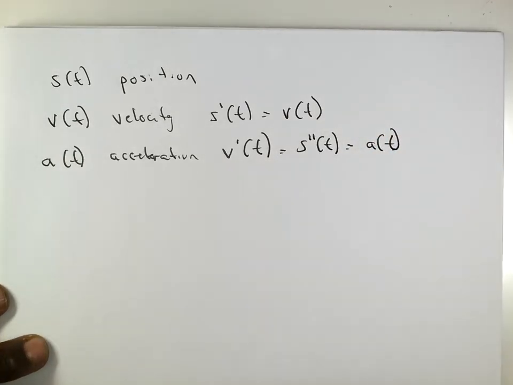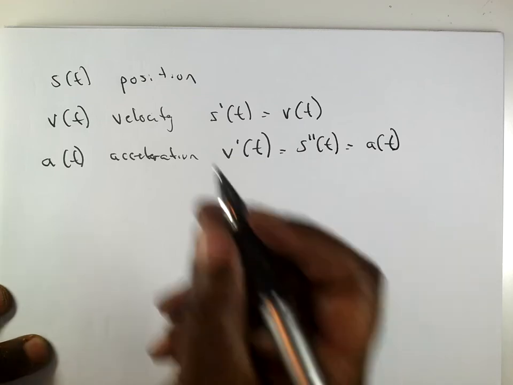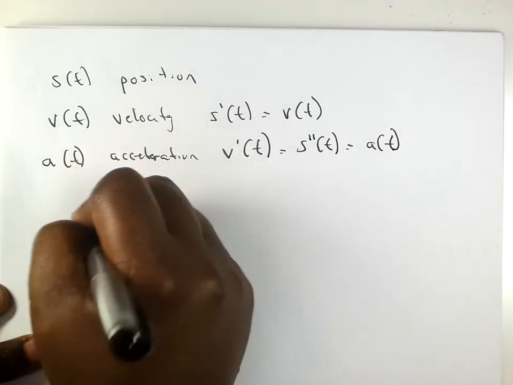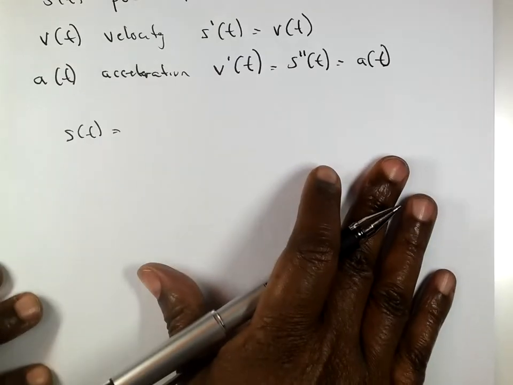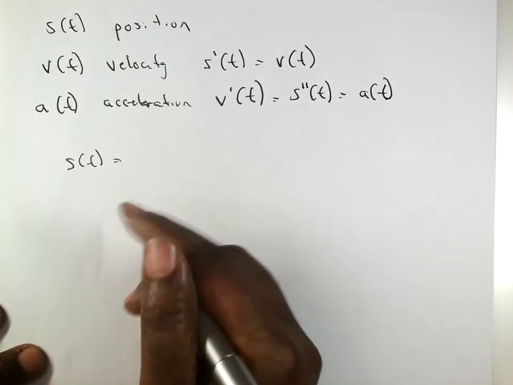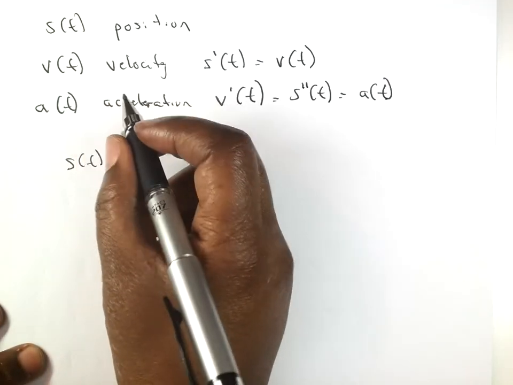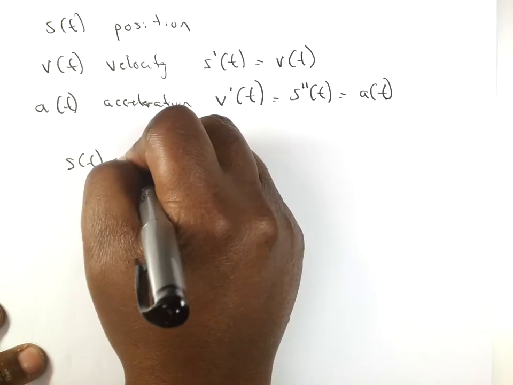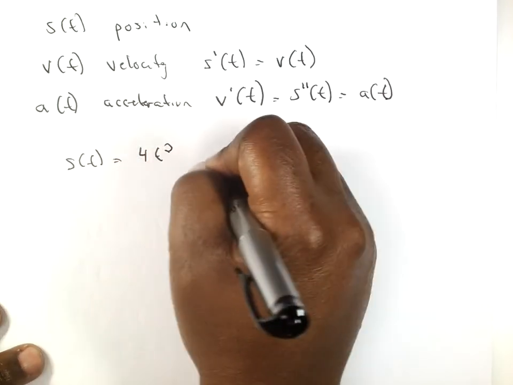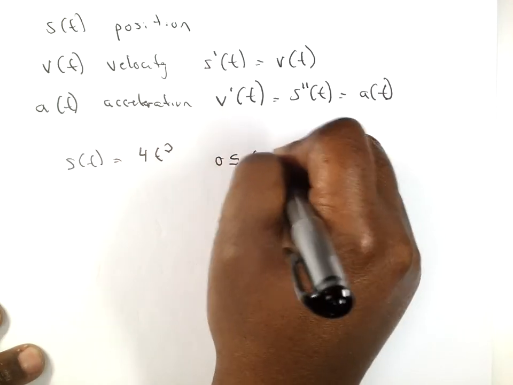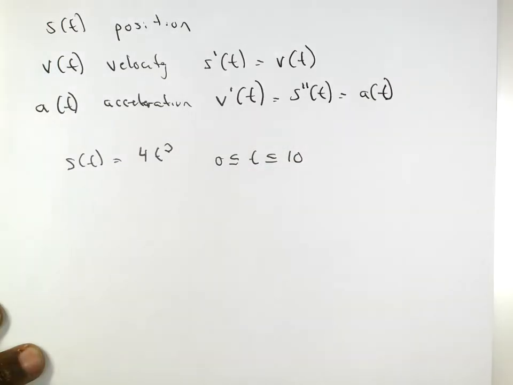So let's say we have an object moving on a track, and we're given that position function S of t is equal to 4t squared, and the domain is between 0 and 10 seconds.